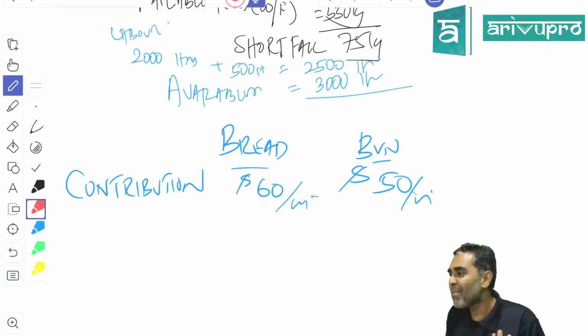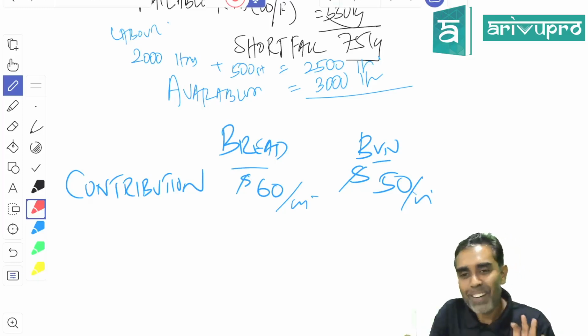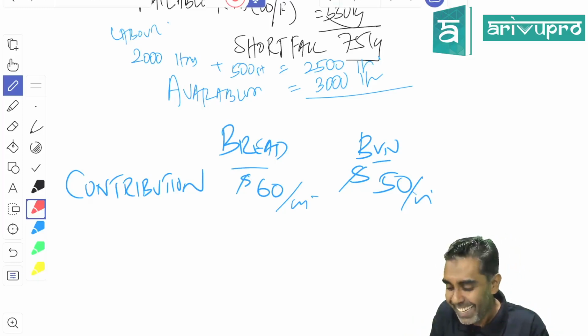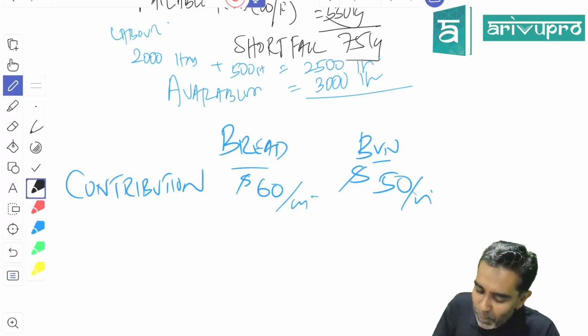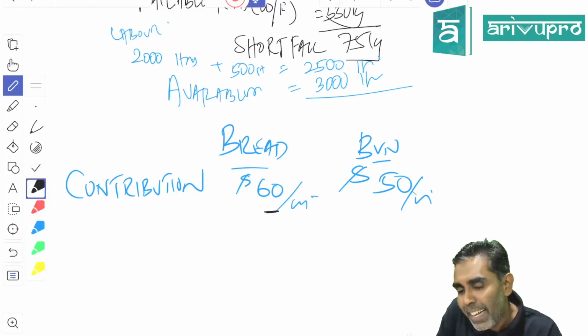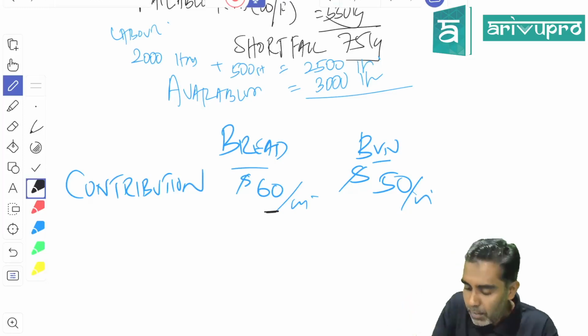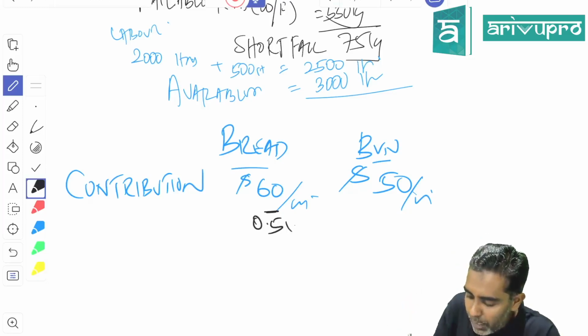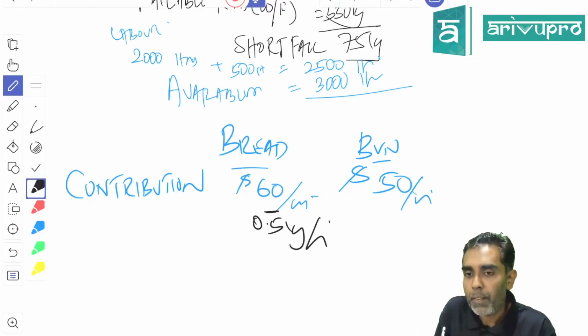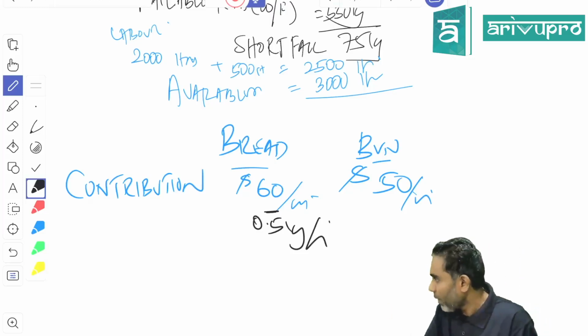Ladies and gentlemen, you tell me, right? This $60 contribution we are earning after giving how many kilos? After giving every 1 unit, 0.5 kilo. Agree with me? Every 0.5 kilo, 500 grams.